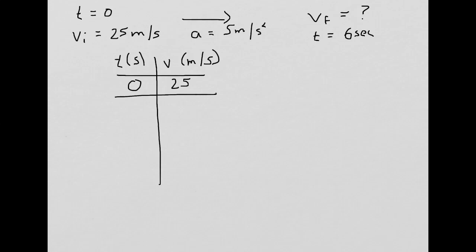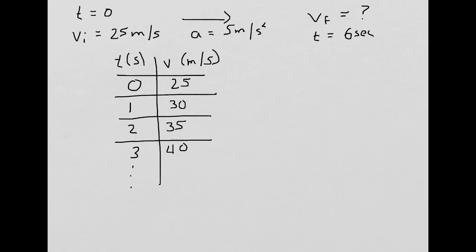So we would say that for every 1 second that passes, my velocity increases by 5 meters per second, meaning that after 1 second, my new velocity is 30. After 2 seconds, it's 35. And after 3 seconds, it's 40. And then I could keep going all the way to 6.